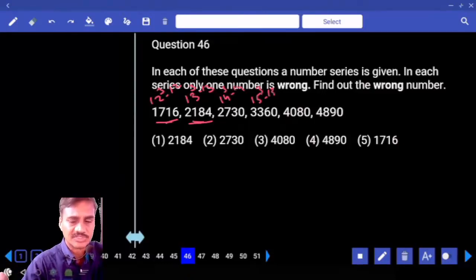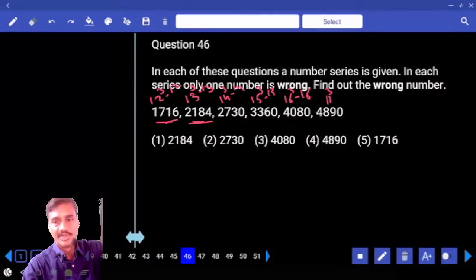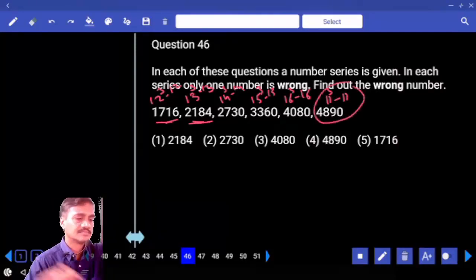Next one, 16 cube 4096 minus 16 is 4080. 17 cube minus 17 does not work here. Hence this is the wrong one.